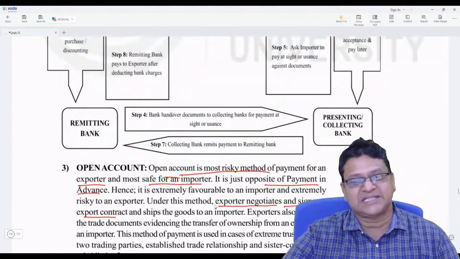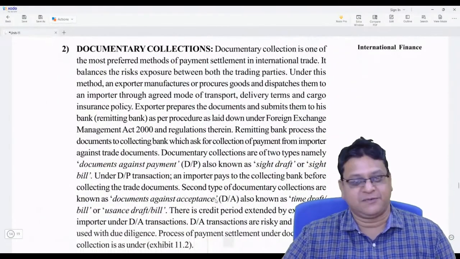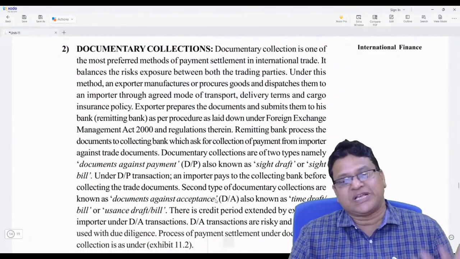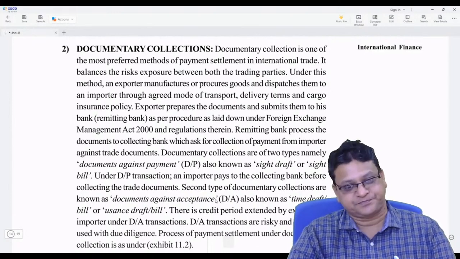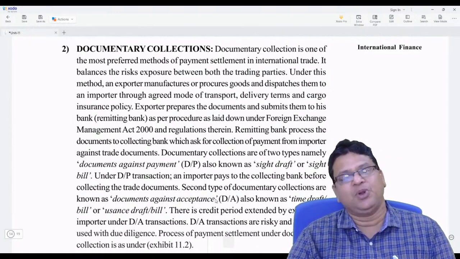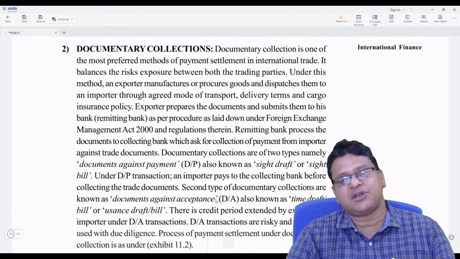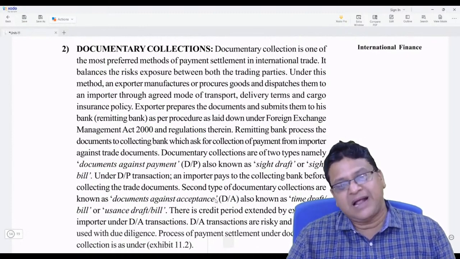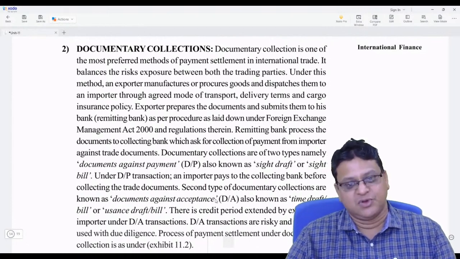The third one is known as the documentary collection method. There are two things involved: goods and the document of title to the goods. Let's take an example. Suppose you sell furniture.